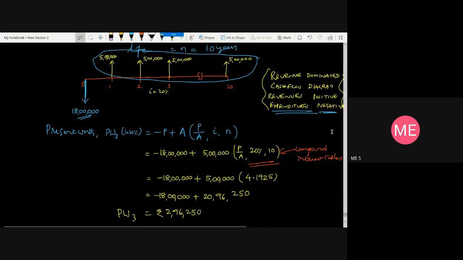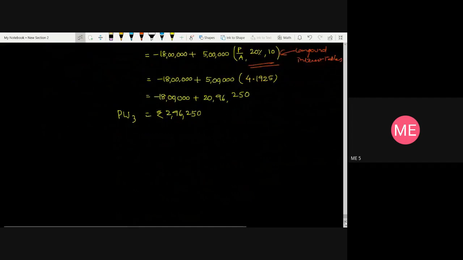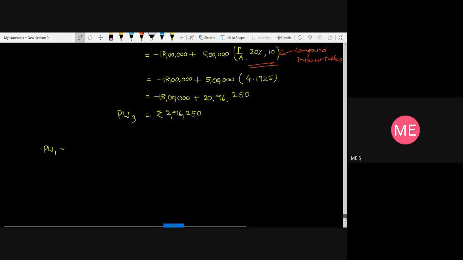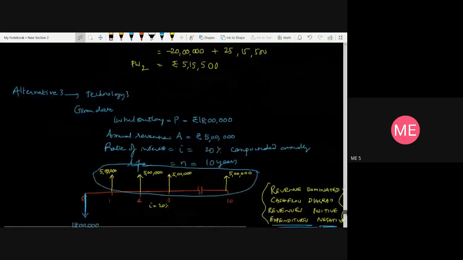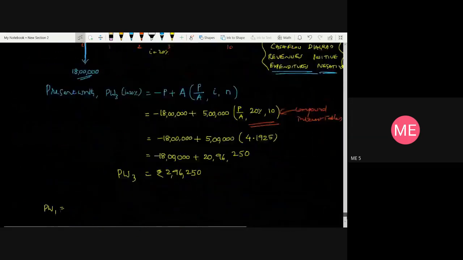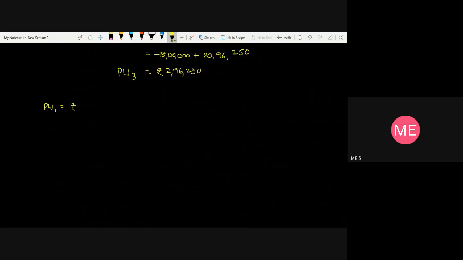So from this, I have calculated the present worth of each alternative. If I show the present worth of alternative 1, which you calculated in the beginning, PW1 is rupees 4,77,000.